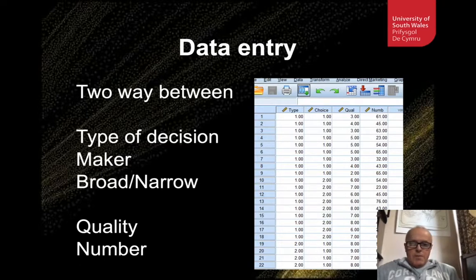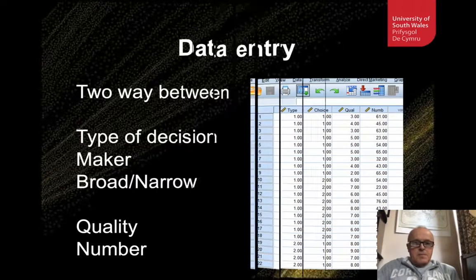We've got the type of decision maker in our SPSS table represented by numbers 1 and 2, and the type of choice set with which they are presented, which is represented by numbers 1 and 2. And they recorded 2 things, quality of choice and number of choices, represented in columns 3 and 4 there, as the 2 dependent variables.